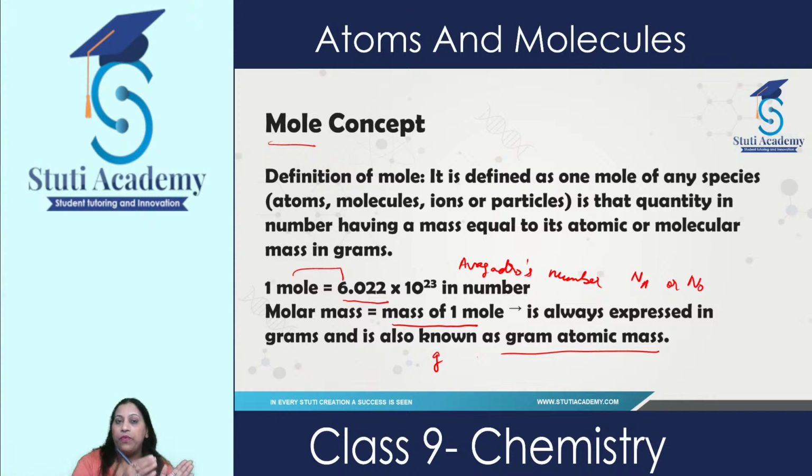So if we are writing the mass of 1 mole, we can also represent it in grams. If we write 12 mole, it means 12 gram. So they both are equivalent. So we can represent this mole in grams as well, and in that case, we write this atomic mass as gram atomic mass.